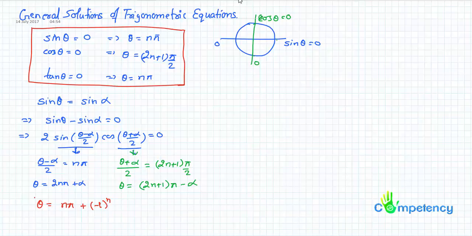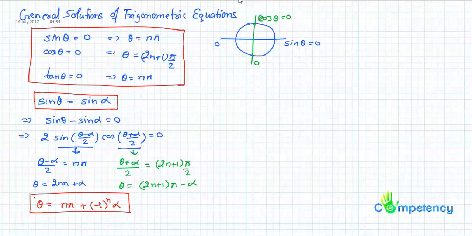Minus 1 to the power n becomes minus 1 if n is odd, and it becomes 1 if n is even. So this becomes n pi plus (minus 1) to the power n alpha. So this is our solution when we have questions like sine theta equals sine alpha. For this, the general solution is theta equals n pi plus (minus 1) to the power n alpha.